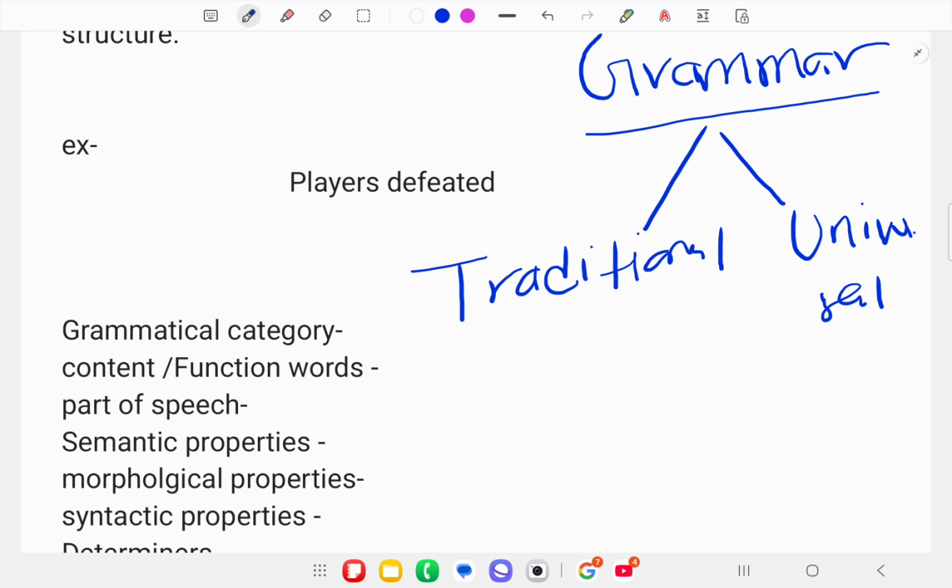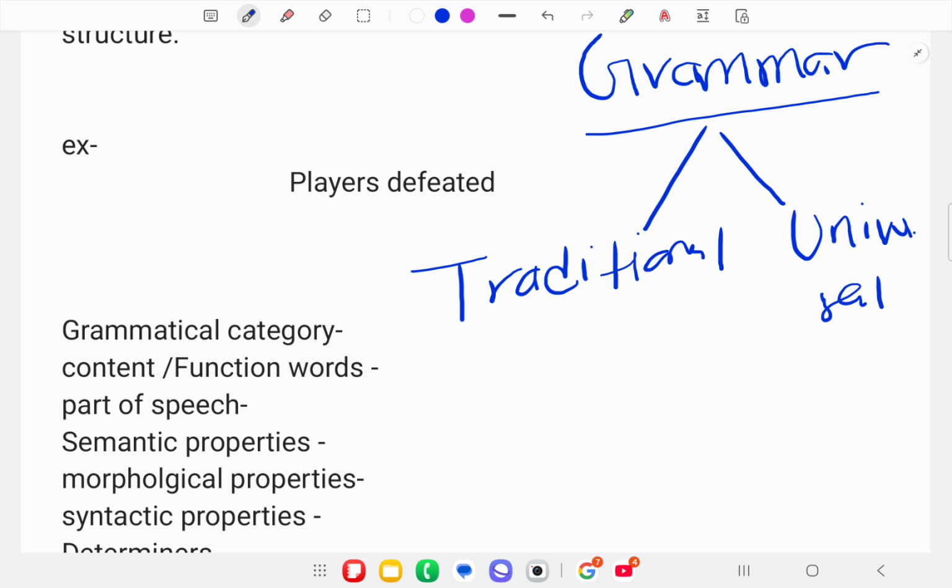Actually, the grammars that we are studying are all correct. Only the approaches, the way of studying the grammar, differ: the methods are different and the thought levels are also different.